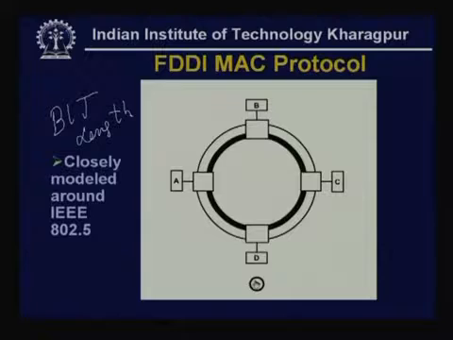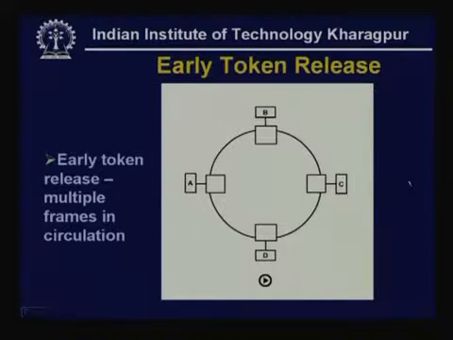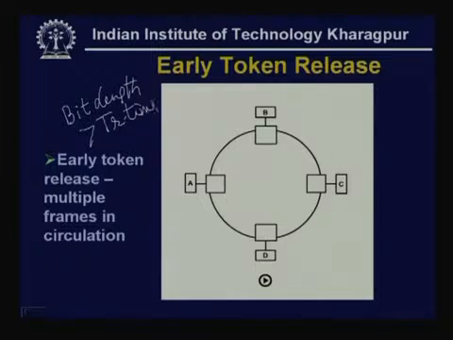However, in case of FDDI, there is a possibility that because of the very long length, the bit length can be longer than the transmission time. That possibility is there because the transmission rate is high, and also the length of each segment is very high.